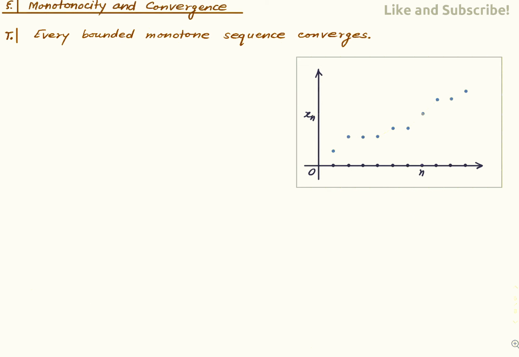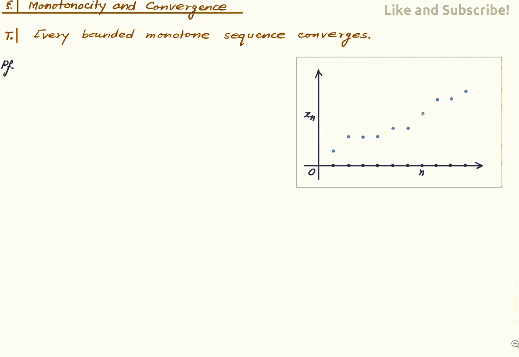So let's do it now. Okay, so start with a monotone sequence and we will prove it for monotonically increasing sequences. A similar proof will go for monotonically decreasing sequences. So in this picture, we had an increasing sequence, and therefore we will take the supremum of the sequence, and that will be what the sequence will converge to. If it were a decreasing sequence, we would have taken the infimum, and that would be what the sequence converges to.